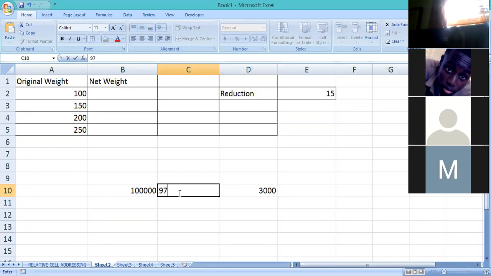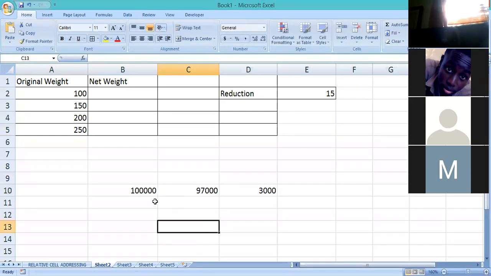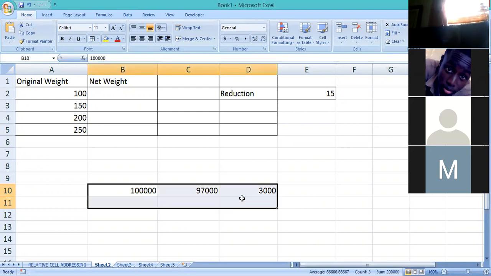So your pay would now be 97,000. So your original pay would be 100,000. Your net pay would be 97,000 because your net pay is after they take out whatever deductions they have to take out of it. Could be more than one thing. That is your net pay. All right, follow that? Yes.